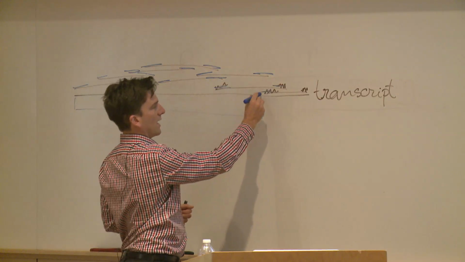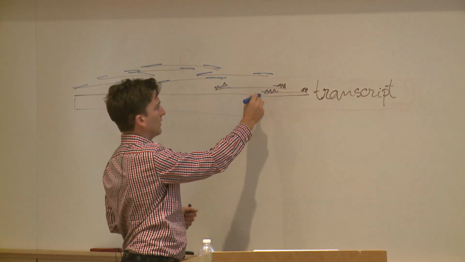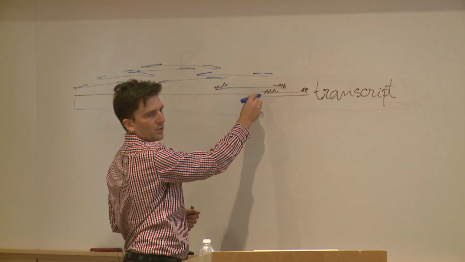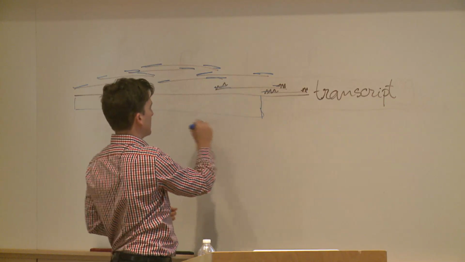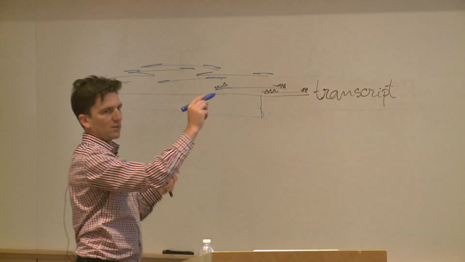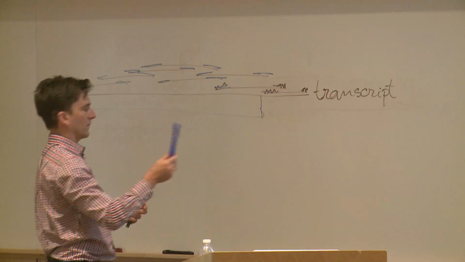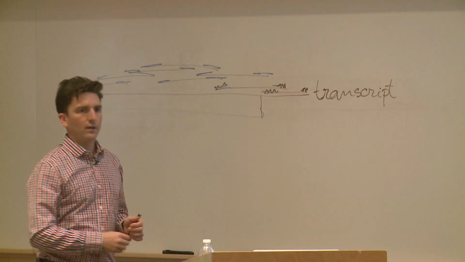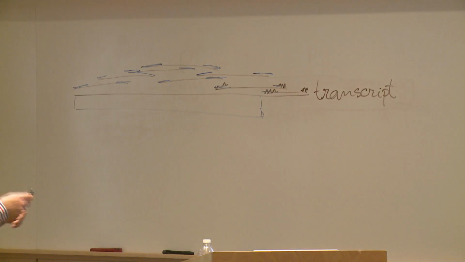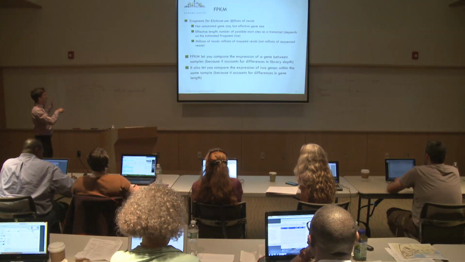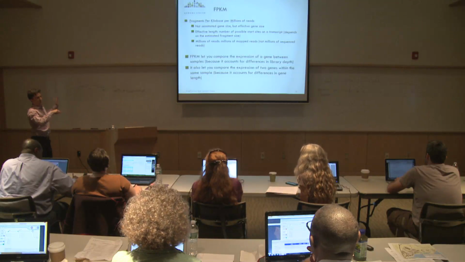Because that's the last start site that you can have for a fragment. So it's basically the annotated length of the transcript minus the fragment length, so what they consider is the effective gene size. It's the number of possible start sites for a fragment.